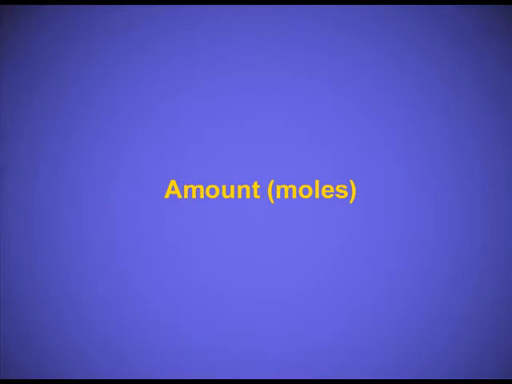Amount, or the mole. To define amount, first we must know what 1 mole is. You have studied in Unit 1 that 1 mole is equal to a collection of 6.023 × 10^23 particles. These particles can be atoms, molecules or ions. It is also known as Avogadro's number.